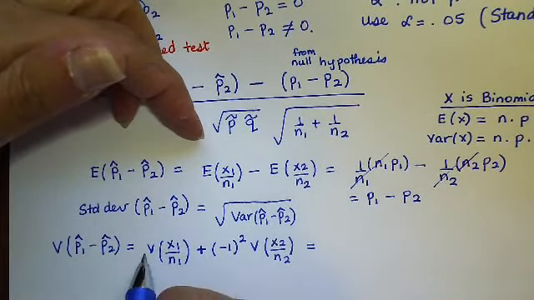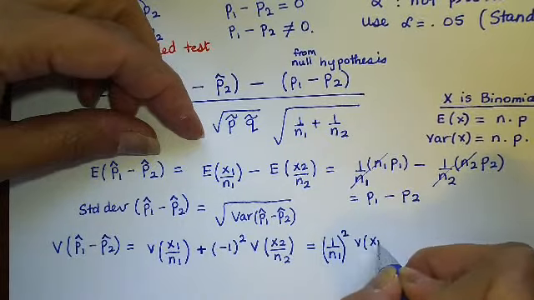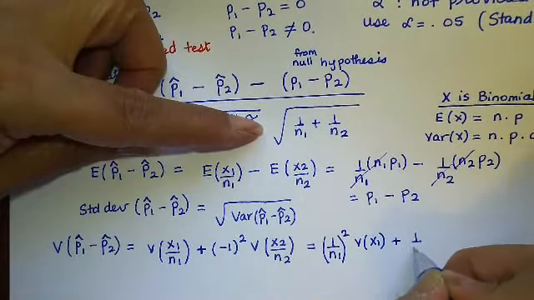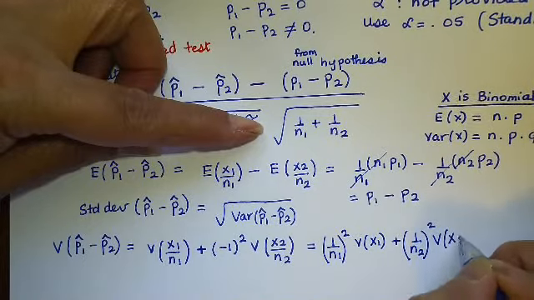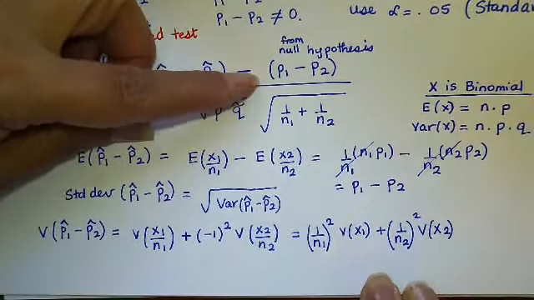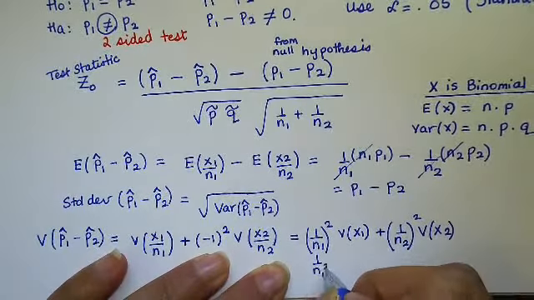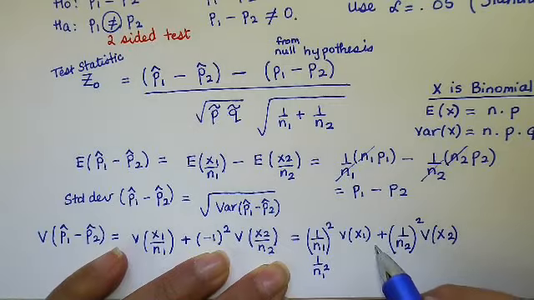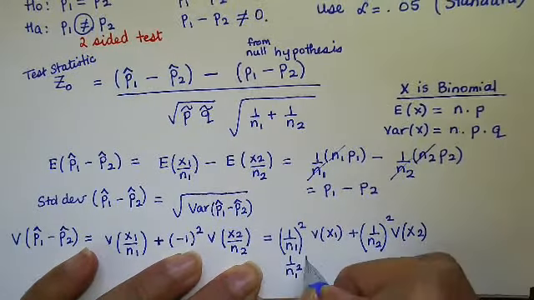I'm replacing p2 hat by x2 over n2 because that's what it is. Continue. So pull out this 1 over n1 constant, this coefficient, and square it because I'm interested in the variance of a constant times x. So here I get 1 over n1 squared, variance of x1, plus 1 over n2 squared, variance of x2. So 1 over n1 squared.